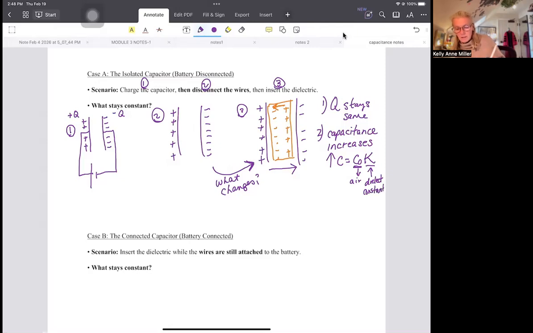Let me write that better. Sorry, I don't want to use arrows because it'll make it confusing. So this is the air capacitance, and this is the dielectric constant.